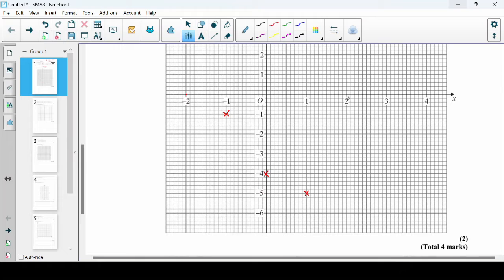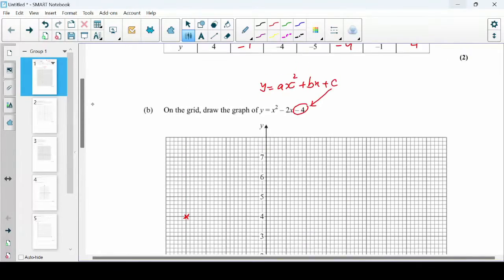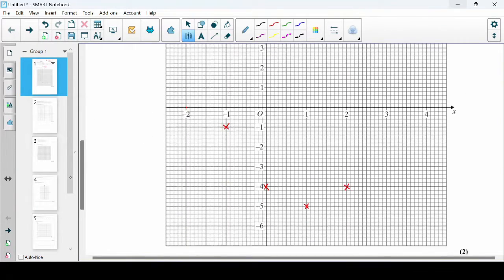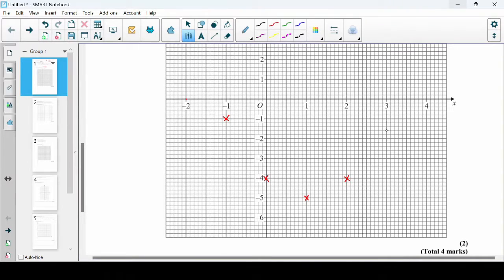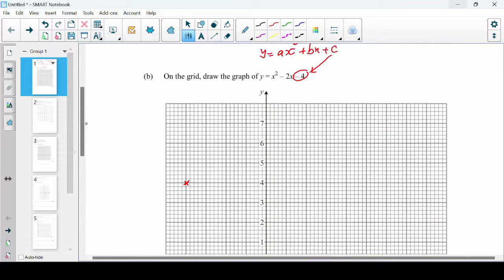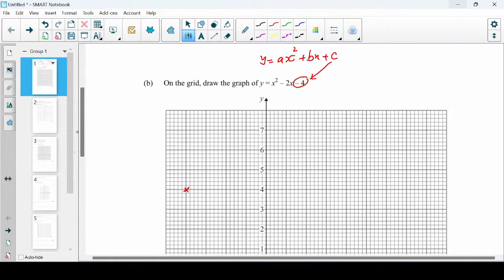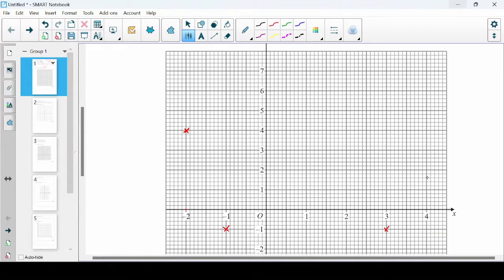Now the graph is curling upwards. 2 and -4 is here. And the next point with us is 3 and -1. And the next point with us is 4 and 4. So for x and y both, it's 4.